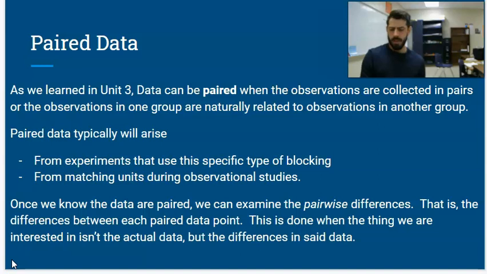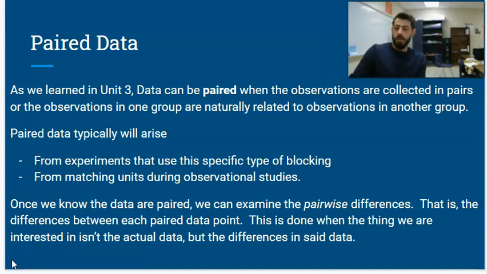You can have one foot have a certain type of leather on the boot and the other foot have a different type, so those two boots are paired the whole way, and you can find the difference perhaps in how long the leather lasted before it needed repairs or something like that, right? Basically, you can have data that goes through an experiment paired so that you keep that data together.